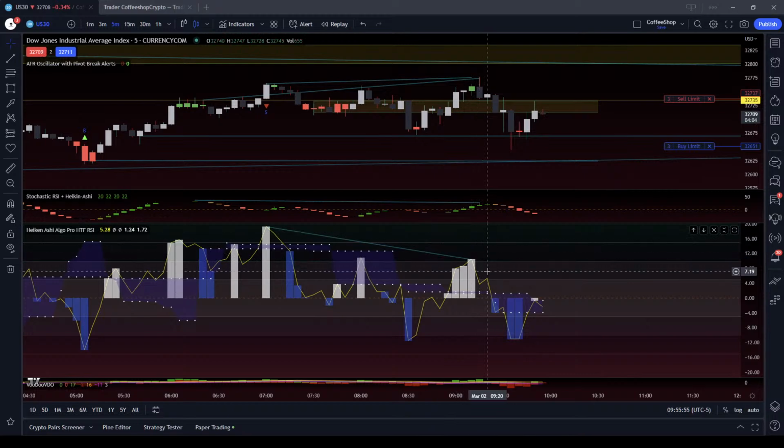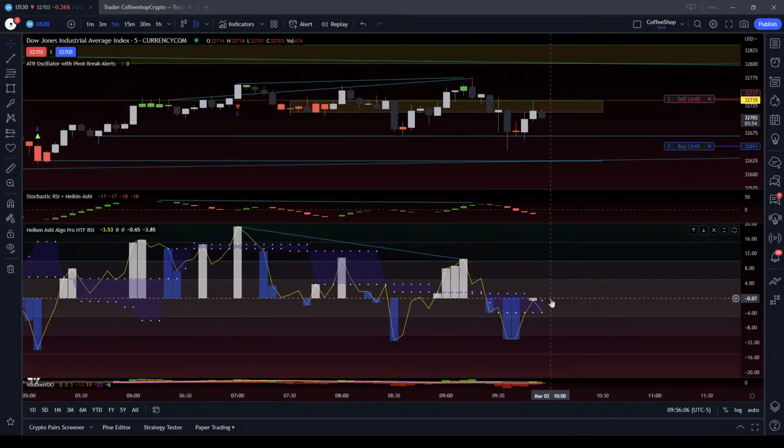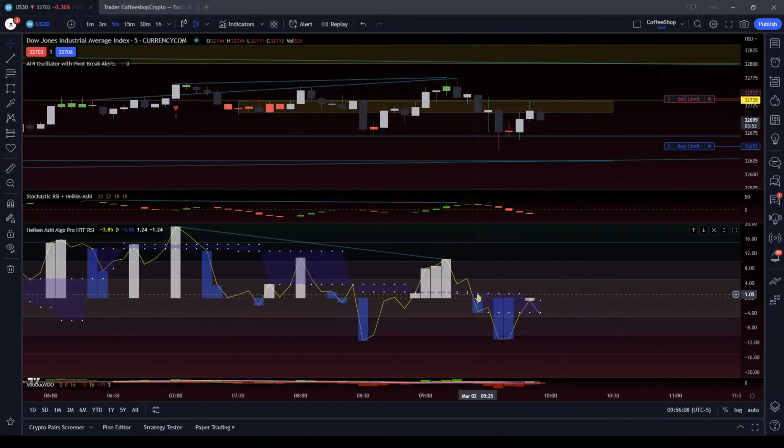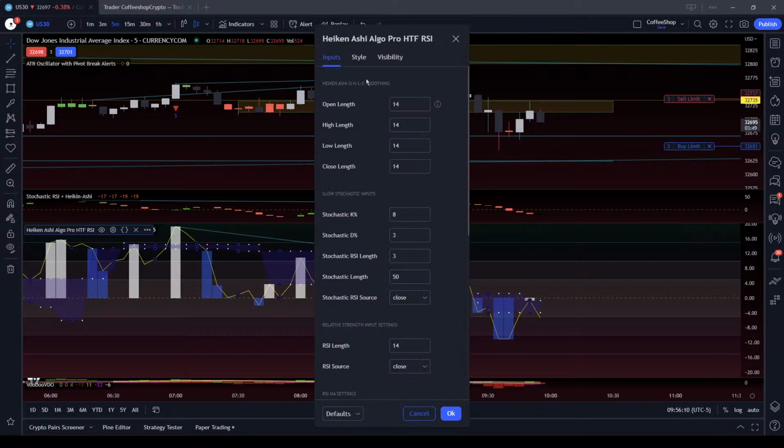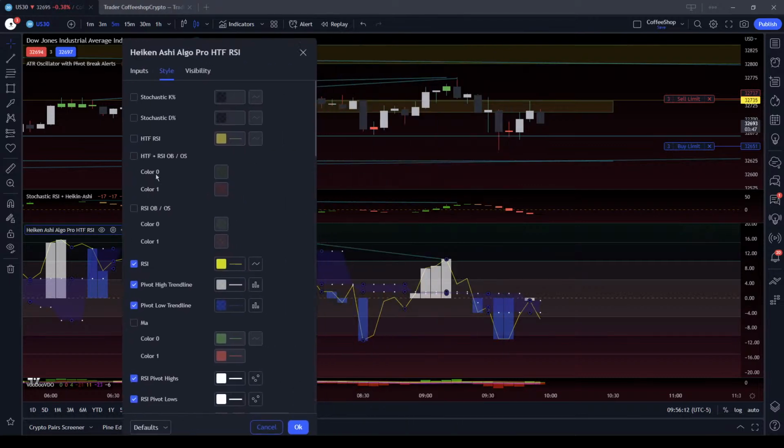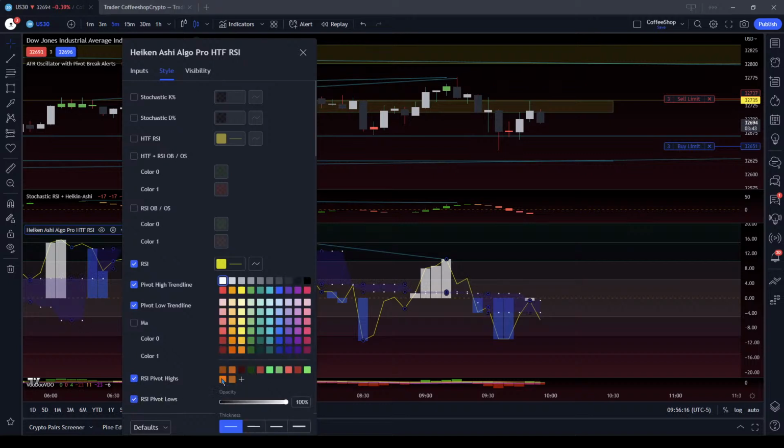You get a low on that candle, and your RSI has already dropped down. It comes down again, and it gets below one pivot, below two pivots. See those pivots right there? These pivots are your pivot high and pivot low. For the sake of argument, I'm going to make this one greenish.